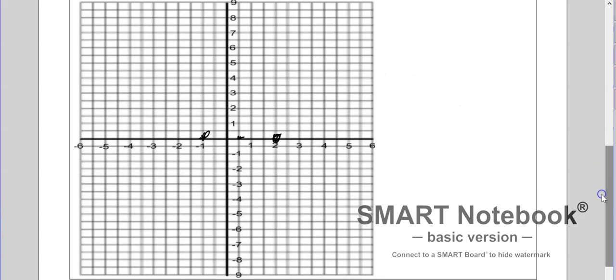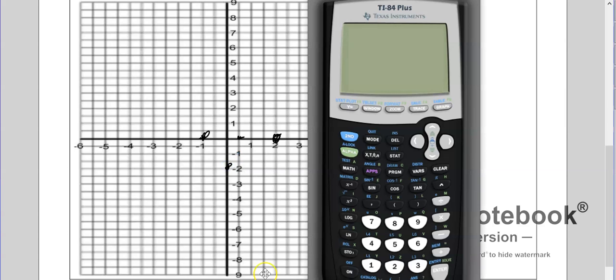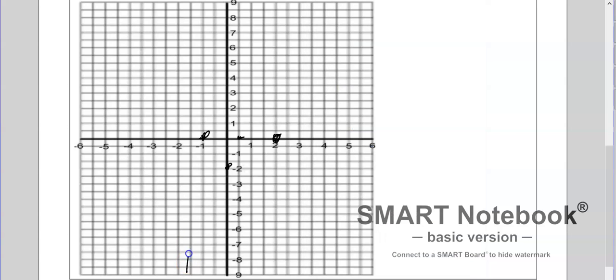Yeah, -2. So that's going to be right here. And again, looking at our calculator, see what it looks like. Boom. So it's going to come up, bounce off of this, come here, go here, and do here.